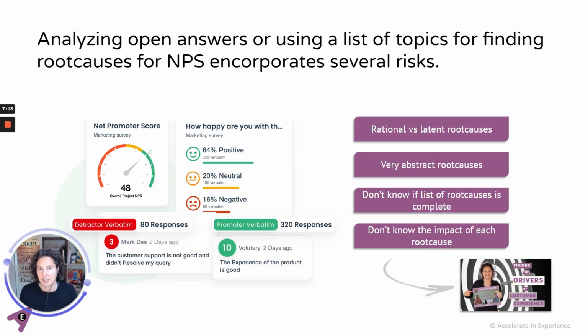So if it's an open text, you have no idea whether you've used the right topics, the topics that are most impactful for customers. But also if you have predefined lists, there's a big chance that there are topics that are important to customers that are not on that list. And now you have no way to verify, okay, are we anywhere near finding the drivers that matter most to our customers? So you don't know, am I really in the driving seat?